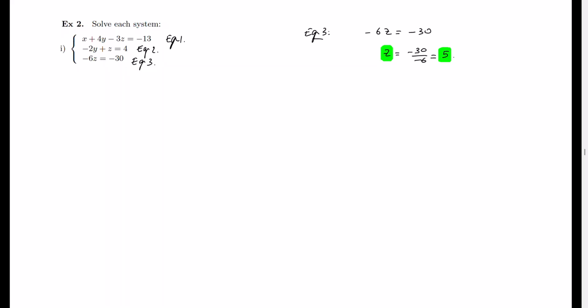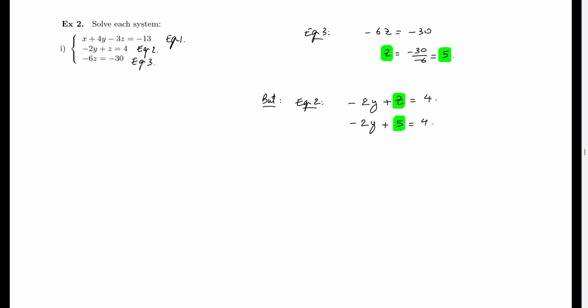So since we started off by finding z, we're going to have to find either x or y next. Equation number 2 has two variables: negative 2y plus z equals 4, and I just determined that z is 5, so I'll plug in 5 there and see what I get for y.